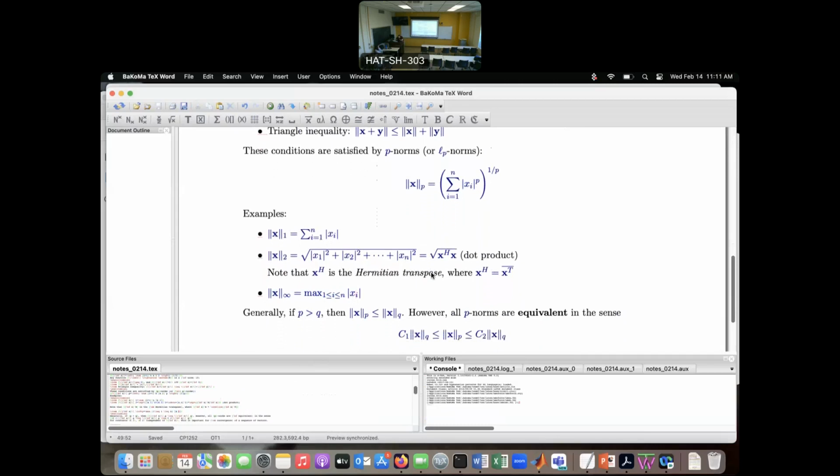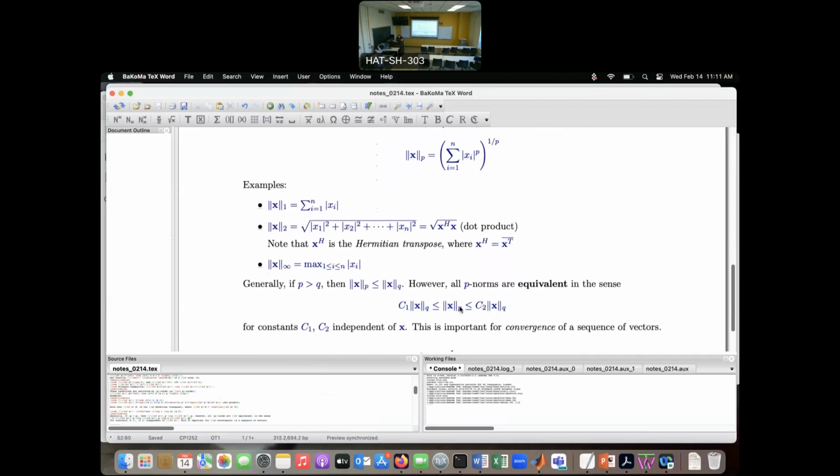Now, one very important concept when it comes to different norms and how they relate to one another is the notion of norm equivalence. So all p norms satisfy relationships such as this, that for all x, the p norm of x is less than or equal to some fixed constant C2 times the q norm of x, and it's bounded below by some other constant C1 times the q norm of x.